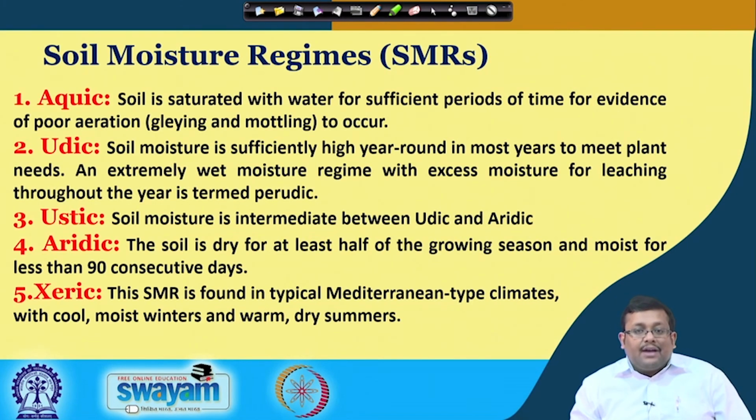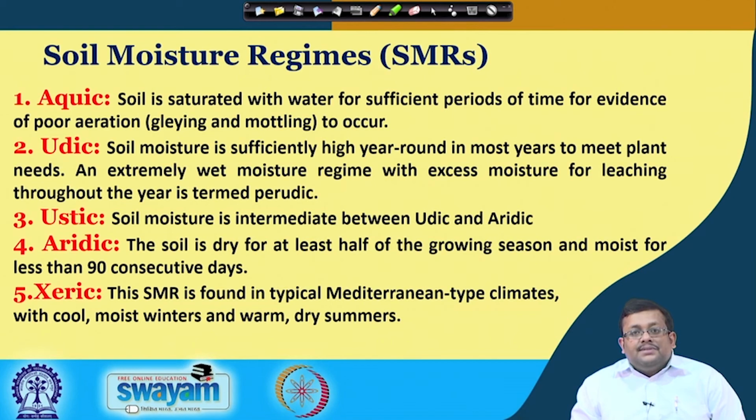The first one is aquic, which is when the soil is saturated with water for a sufficient period of time that evidence of poor aeration is there. In that case we call it aquic soil moisture regime. This aquic soil moisture regime you can find in the case of waterlogged soils.